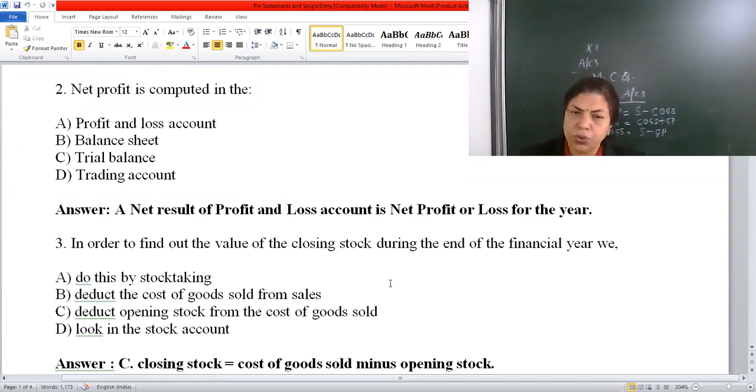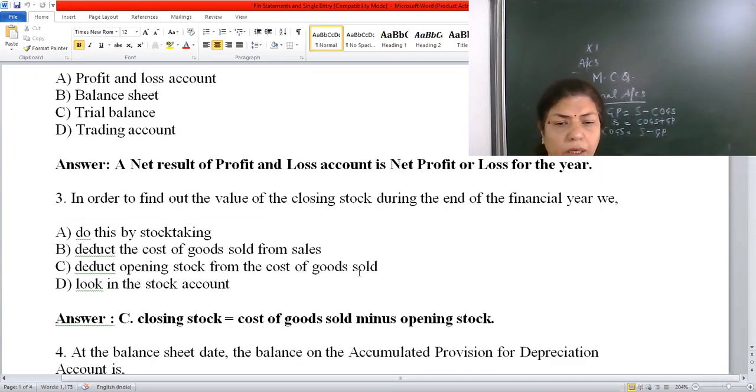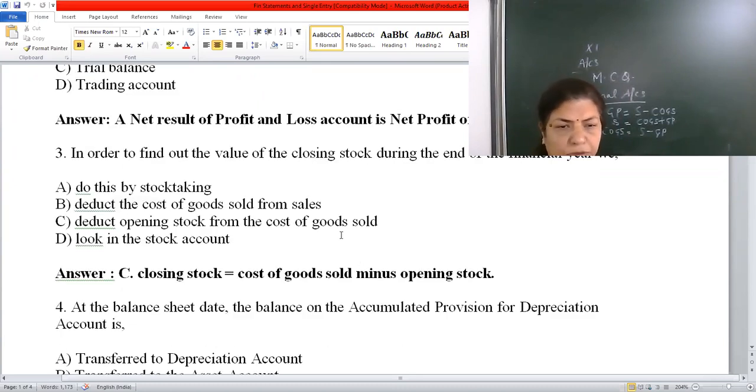If we want to know the value of closing stock at the end of the financial year, what is the remaining stock in the godown? So the formula is cost of goods sold minus opening stock. That is the formula of calculating closing stock. Answer C. See, I am showing you both the ways. Maybe the formula method, maybe the language statement form.